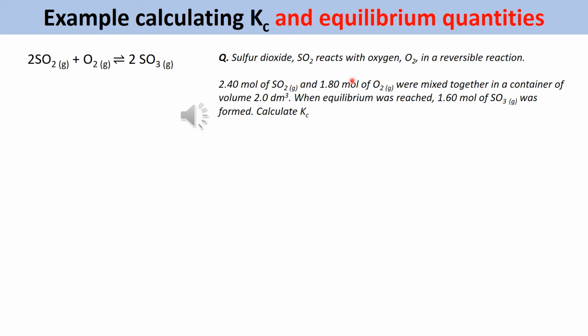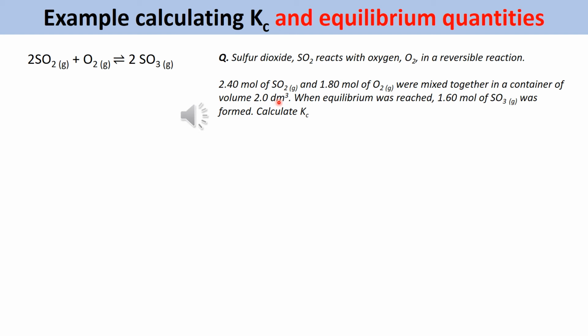Now in this case, we are not given the equilibrium quantities of either reactants or products. So sulfur dioxide, SO2, reacts with oxygen in a reversible reaction, as denoted by the reversible reaction arrow. We've got 2.4 moles of sulfur dioxide and 1.8 moles of oxygen, and they were mixed together in a container of volume 2 decimeters cubed.